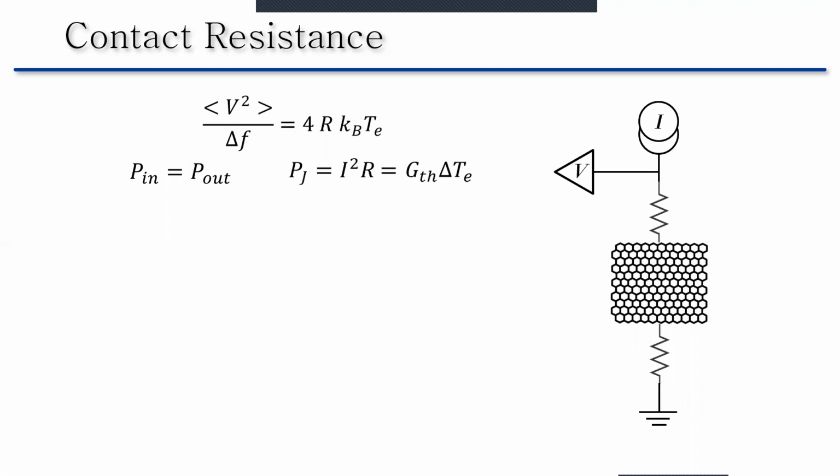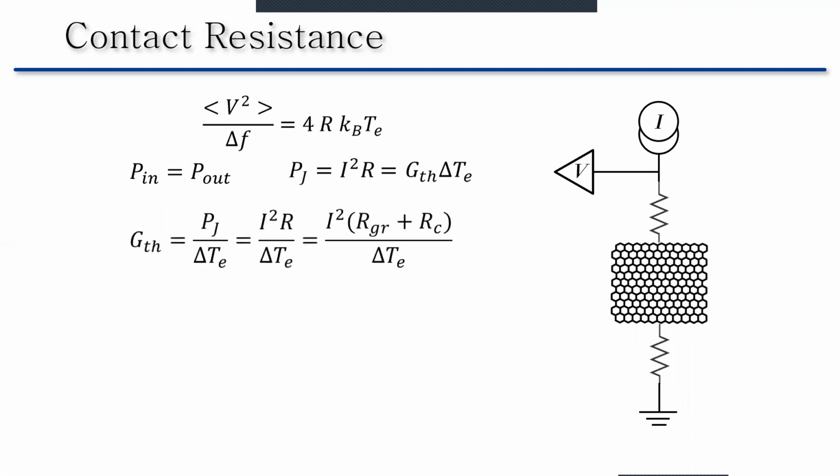If you take these steady state equations and ask how it looks when you have that contact resistance, your thermal conductance, which is the ratio of the applied Joule power to the measured temperature rise, looks a little bit different, because the resistance in your Joule power includes both the resistance of the graphene channel and the contact resistance.